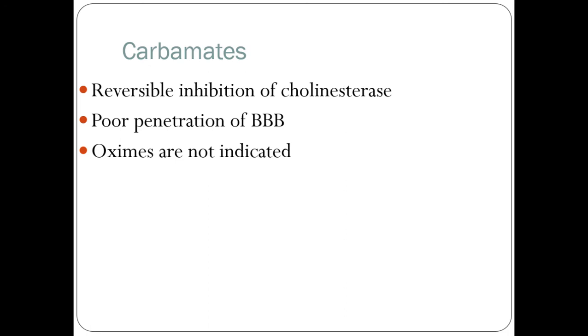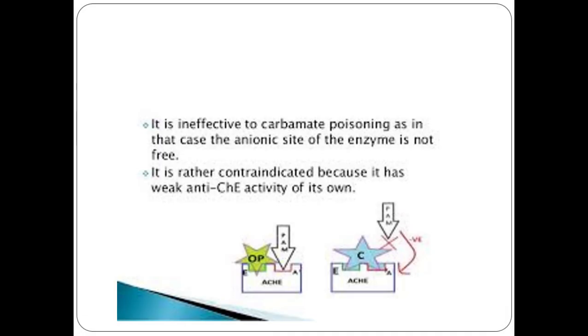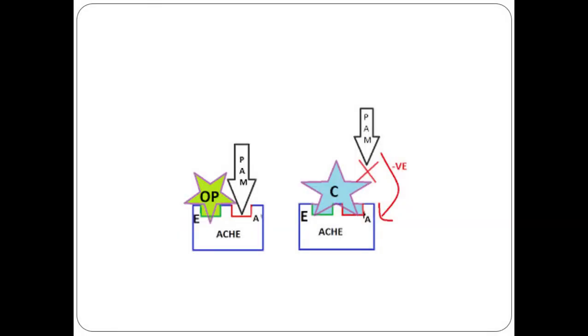In organophosphate we have central, nicotinic, and muscarinic manifestations. In carbamate, because of poor penetration of the blood-brain barrier, there is no central manifestation, and because it is self-limited, no nicotinic manifestation, because nicotinic manifestation appears in severe cases. So carbamate poisoning is mainly muscarinic manifestation.